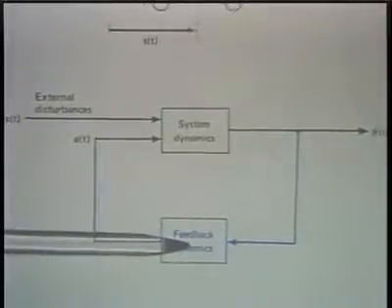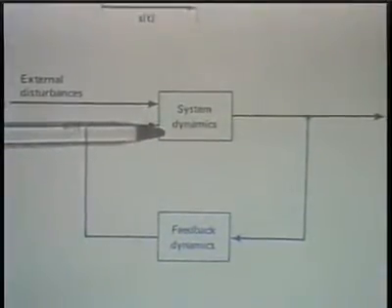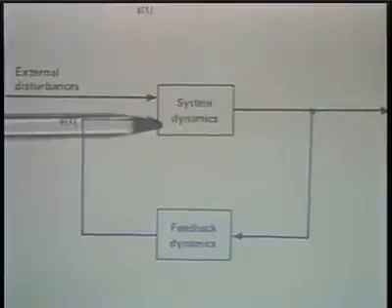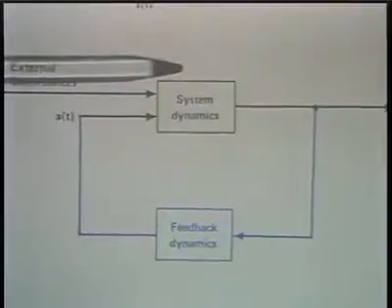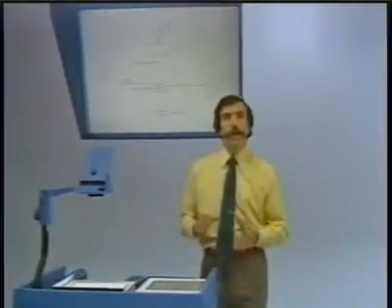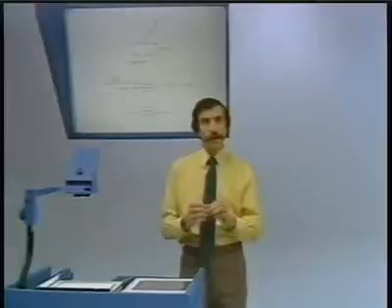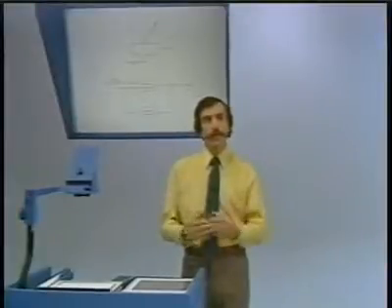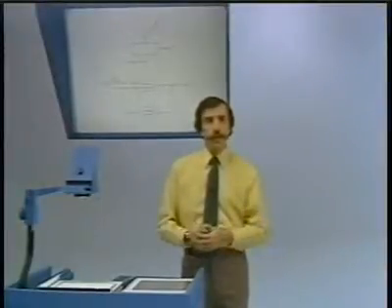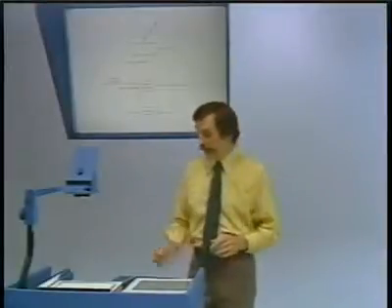And if we choose the feedback dynamics correctly, then in fact we can end up with a stable system even though the open loop system is unstable. Well, as a first step, let's analyze the system in its open loop form. In particular, let's analyze the system without feedback, demonstrate that indeed it is unstable, and then see how we can stabilize it using feedback.